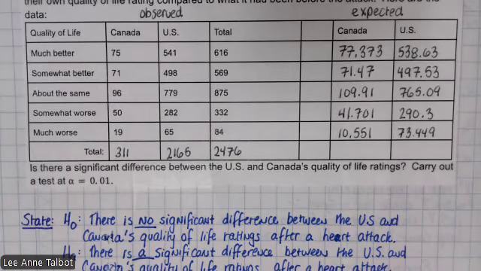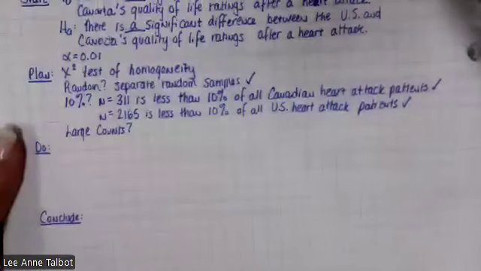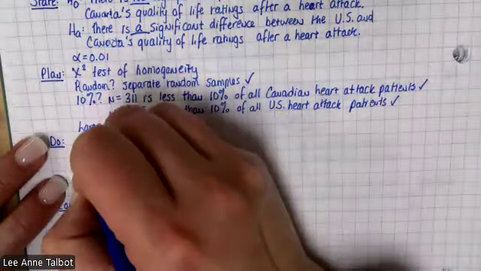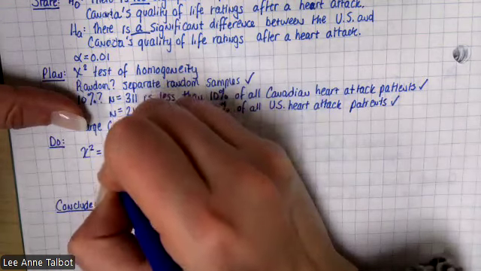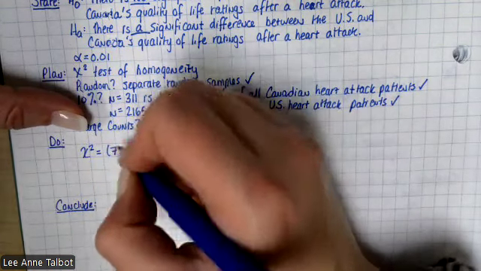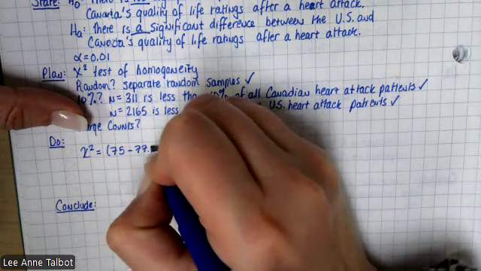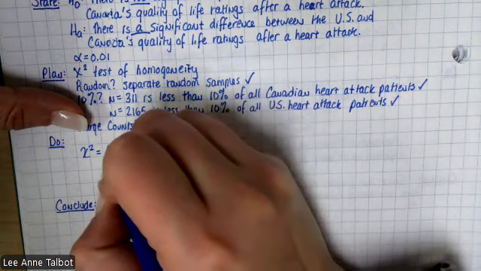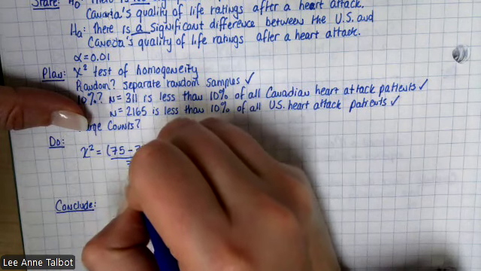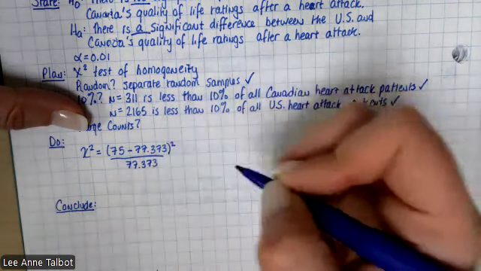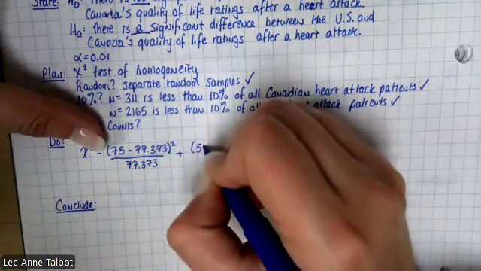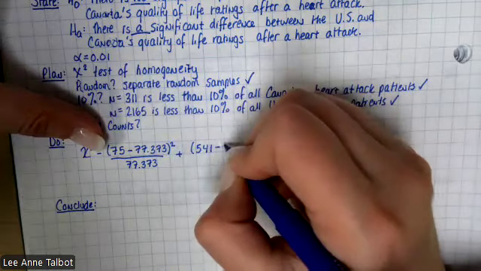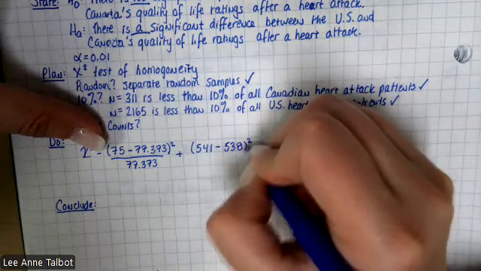Okay, all right. So now we're going to do the part where we have to show our work down in the view section. Chi-squared equals. Start with the very first cell, the one that's 75. Observed minus expected squared over expected, plus observed minus expected.